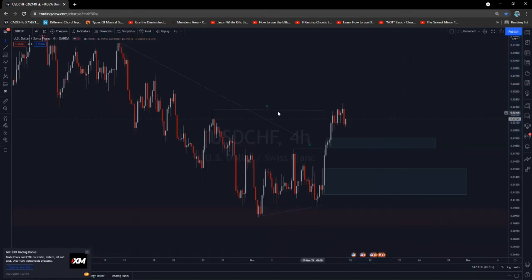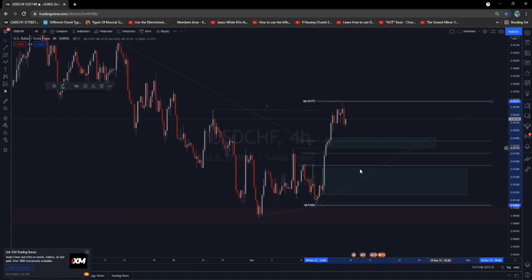We haven't broken through the structure, we've just taken liquidity. A good area would be this area. So you can even see with the fib level, this gap over here.